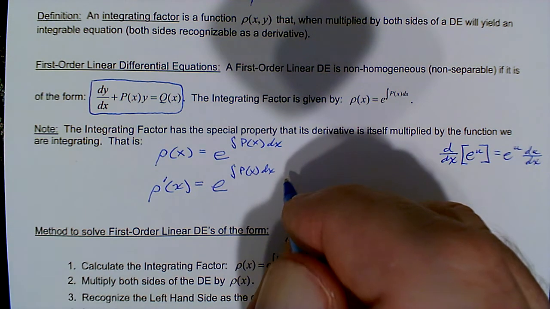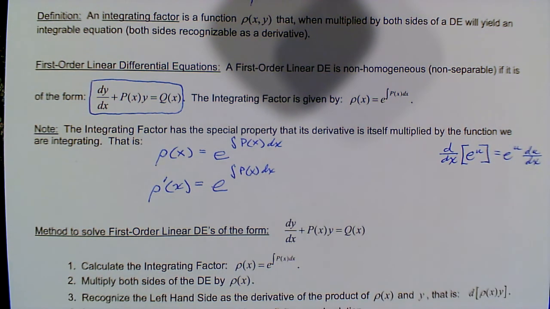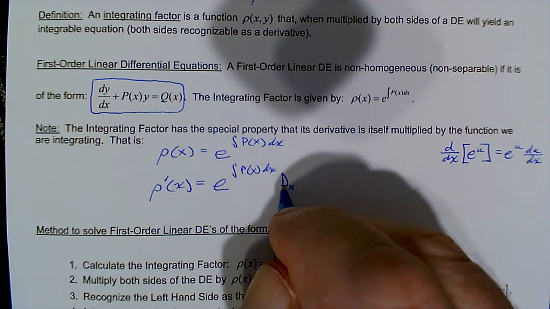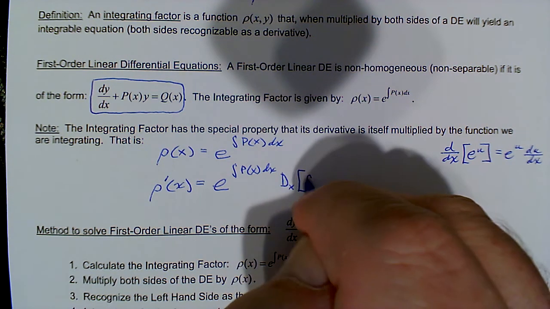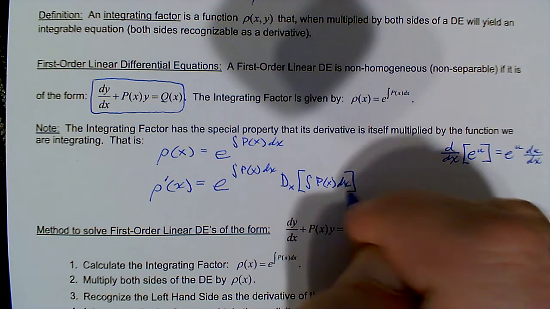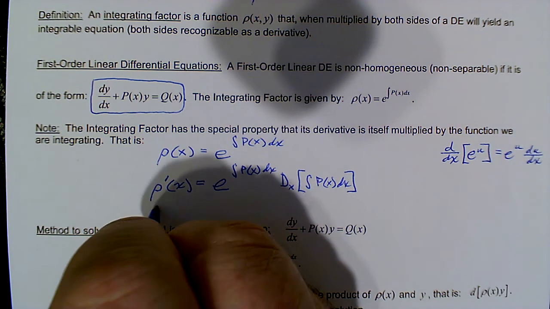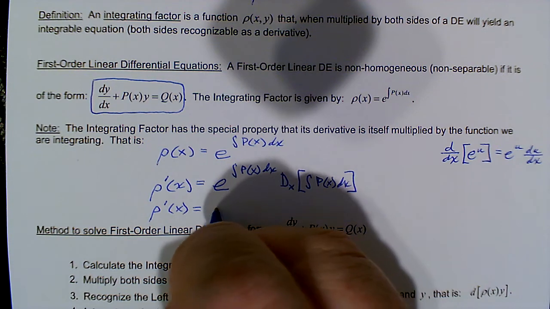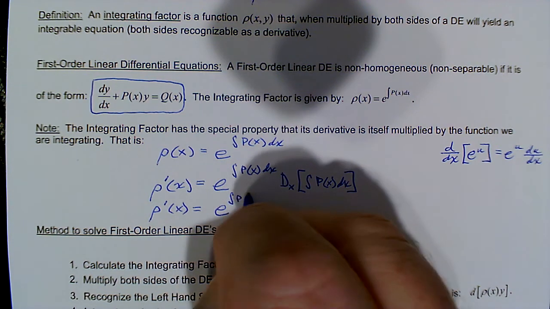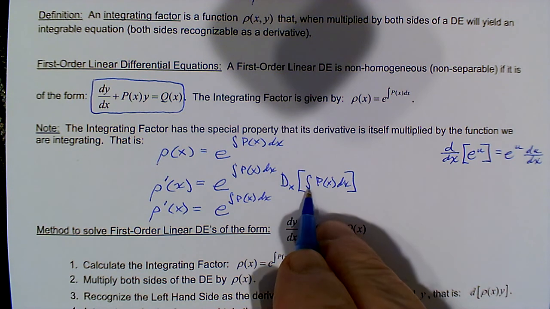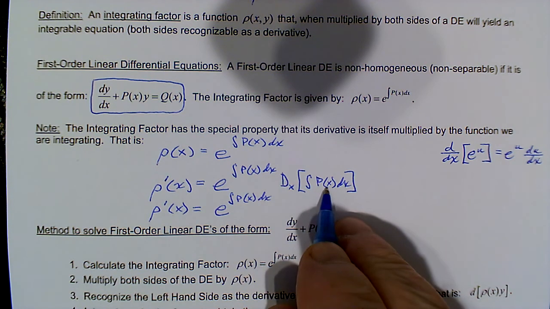And so we can indicate that as the derivative with respect to x, so we use our differential operator, of the integral of p of x with respect to x, the power. But then we have e to the integral of p of x with respect to x, times the derivative with respect to x of the integral of this function.